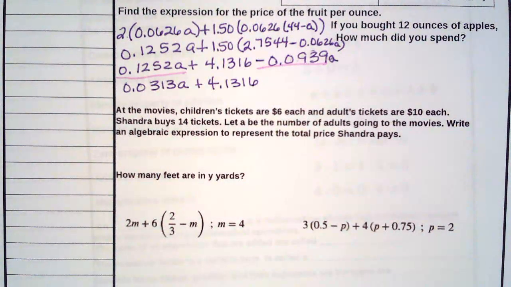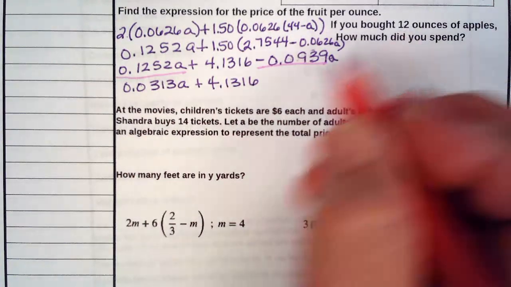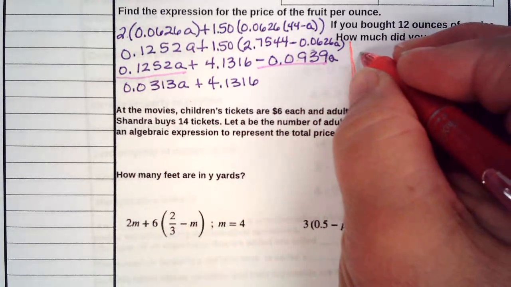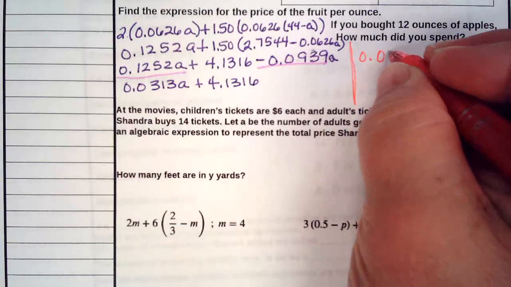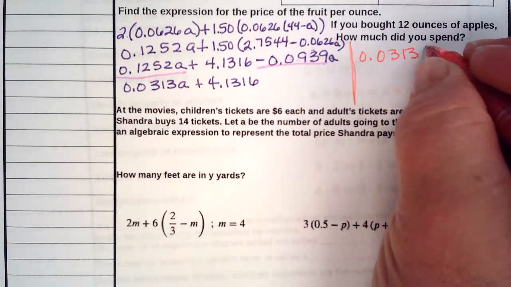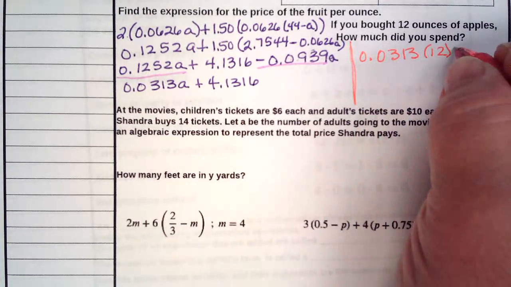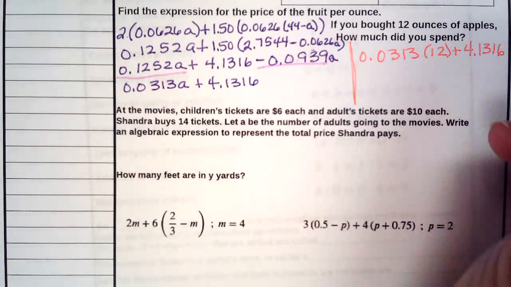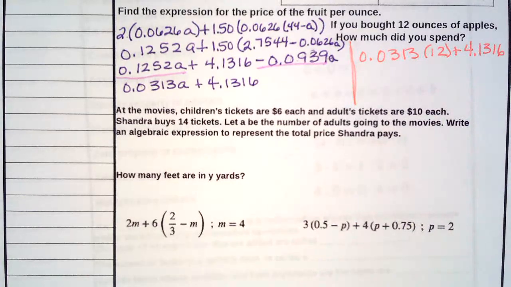Okay, so if I bought 12 ounces of apples, how much did I spend? Well, we would substitute the 12 into our expression. So 0.0313 times 12 plus 4.1316. Okay, now, as I'm looking at this, we're talking about money.